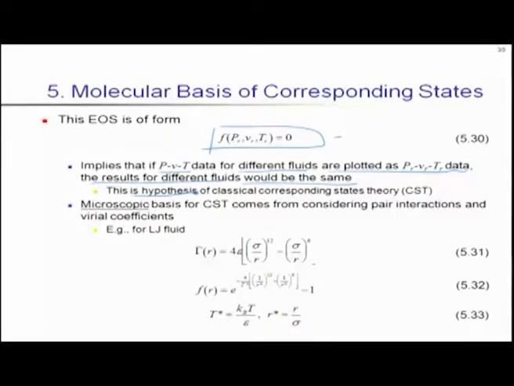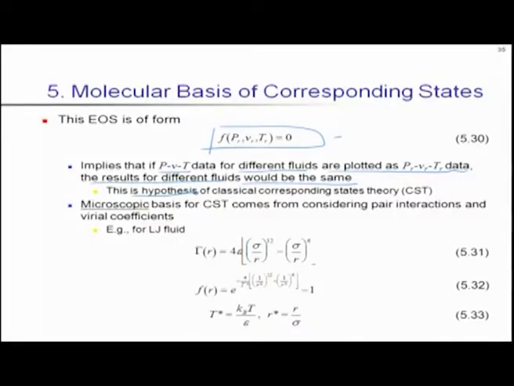Now, this is quite useful if you are using molecular models such as Lennard-Jones, where sigmas and epsilons are parameterized, that means they are different for different fluids, but you can get rid of this epsilon and sigma such that everything is in reduced form. Then from the same plot you can extract many different properties, okay, for different fluids. So, that is basically the idea which we try to make use of.